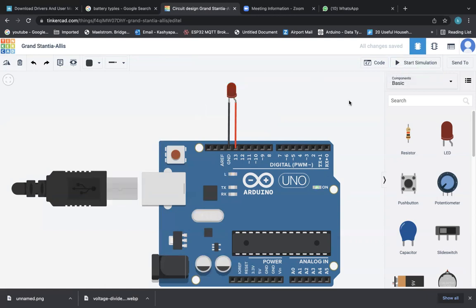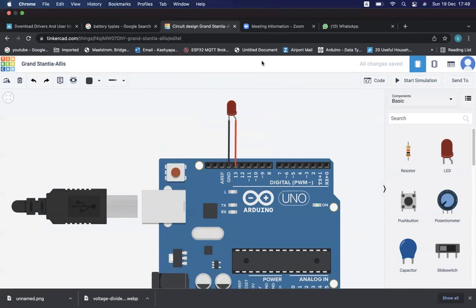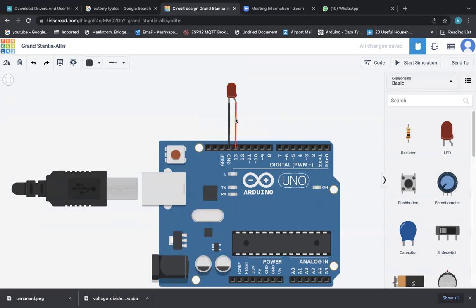We use a resistor. Is that correct, Dulnitha? Yes, sir. Right. So now you know the easy way to do this is you put a resistor in between, like this. I'm going to make this resistor value 330 ohms.